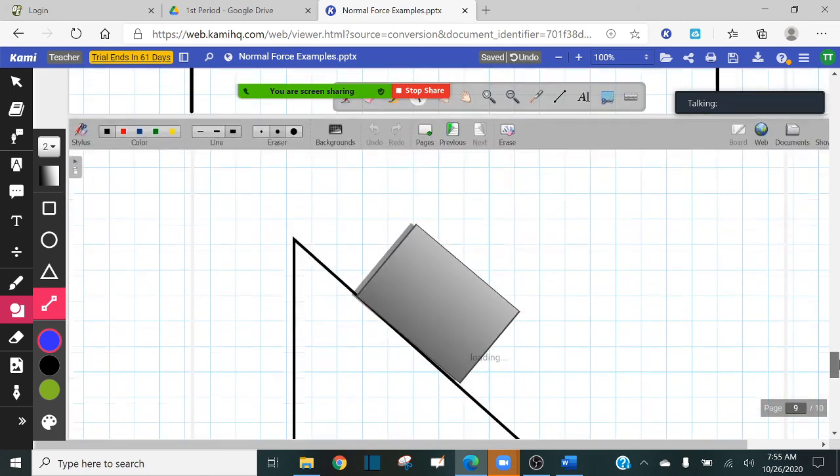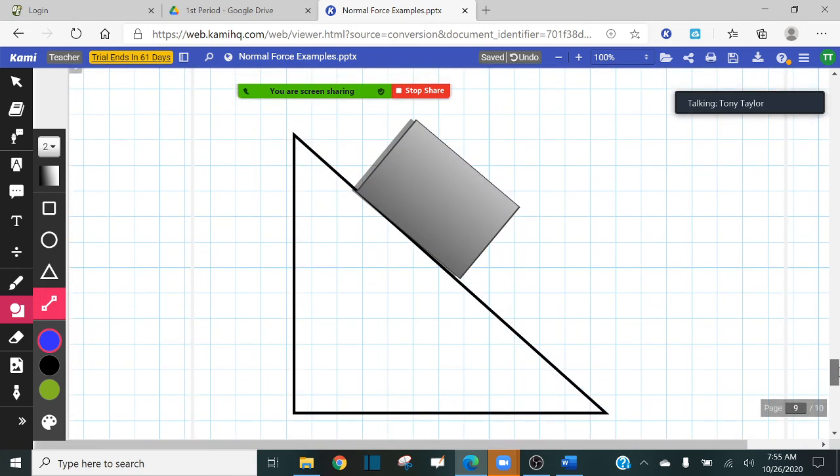So, for example, let me go down to the bottom here. Imagine a situation where a block is sitting on an incline. This represents the surface of contact, and the block is just sitting there. So the normal force right here will be pointed at an angle, like this. You got that?